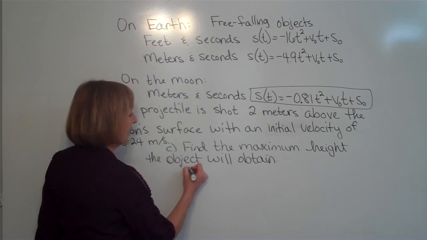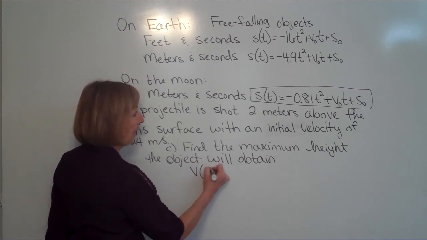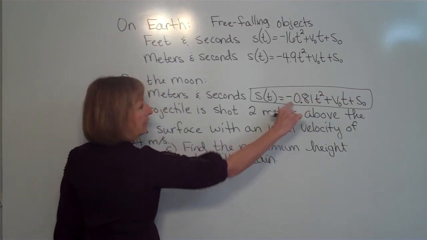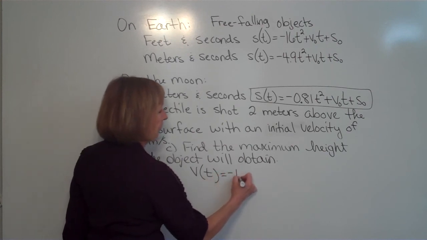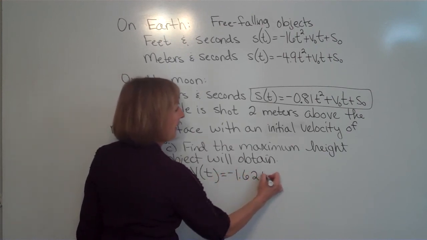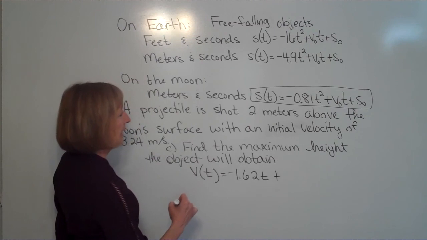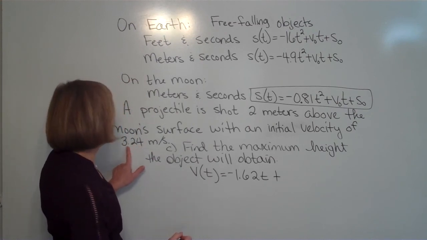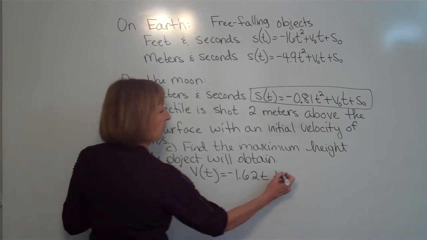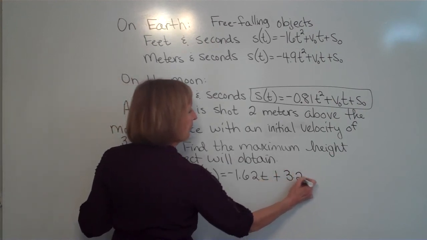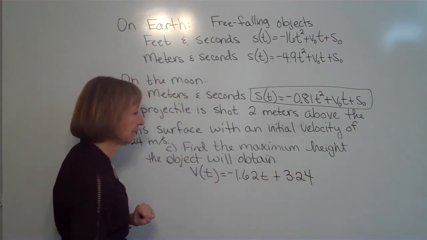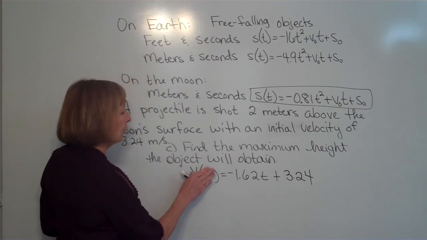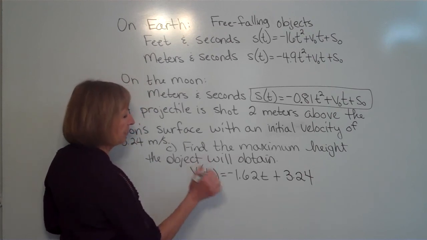So our instantaneous velocity function for this problem is negative 1.62 t plus, and I've erased the rest of it, but it was plus the 3.24. And then we want to know when the output of the velocity function is 0.